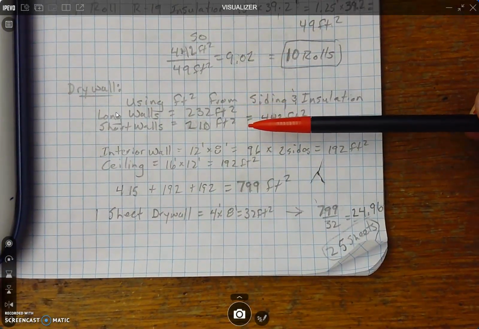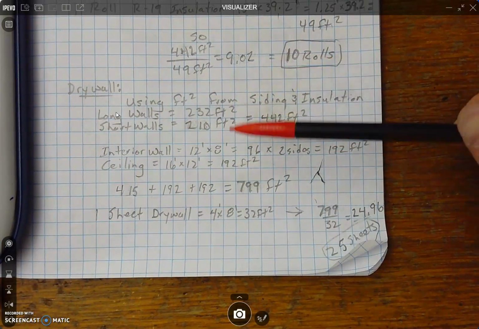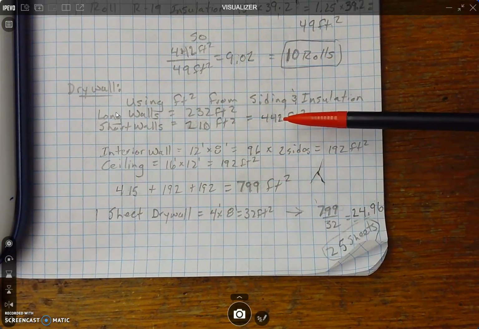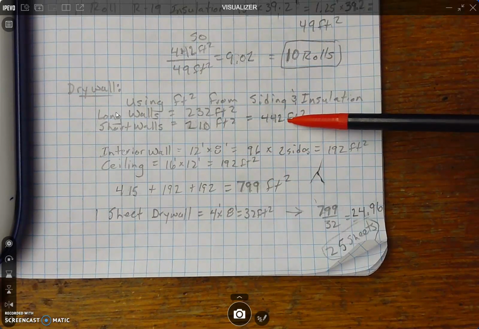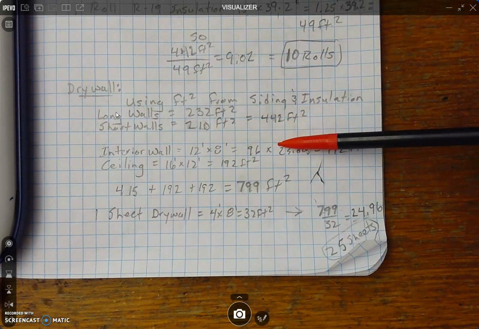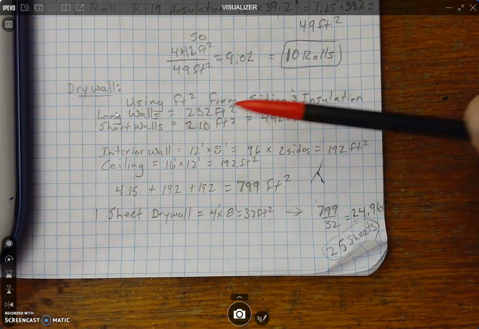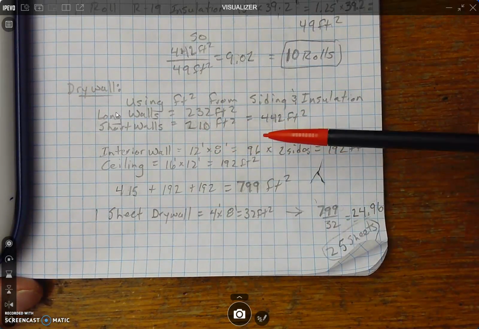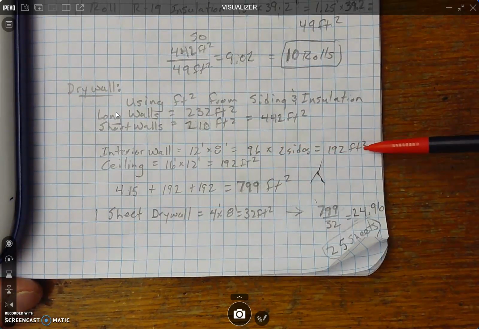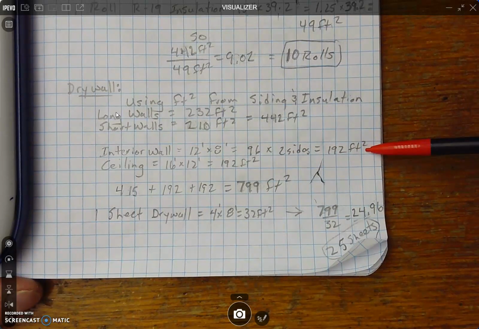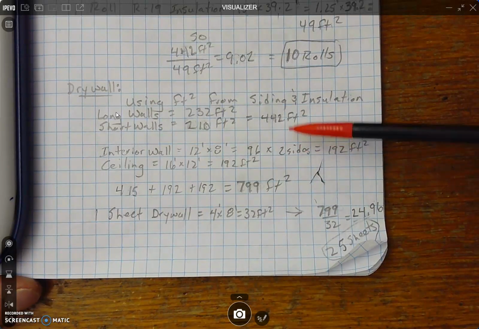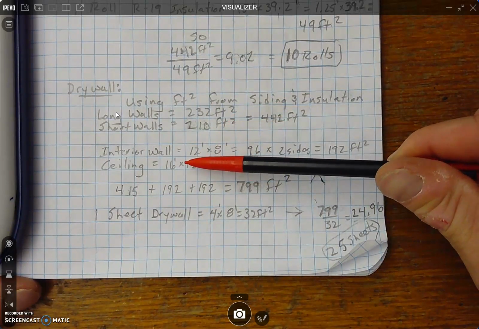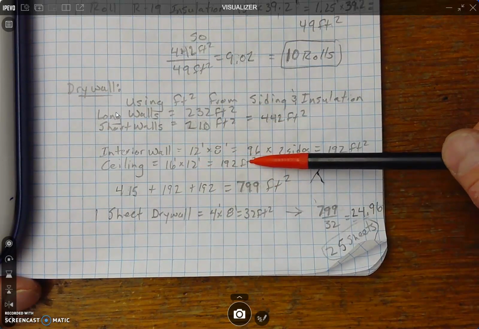All my walls on the inside of the shed, around the edge, around the outside, on my exterior walls, has this much square footage. I have an interior wall in there, and there's two sides to that. So it's 12 feet wide by 8 feet tall, which is 96 square feet, and then there's two sides to it. So I have another 192 square feet on my interior wall, and I have a ceiling in there. And my ceiling is 16 feet long by 12 feet wide, so another 192 square feet.